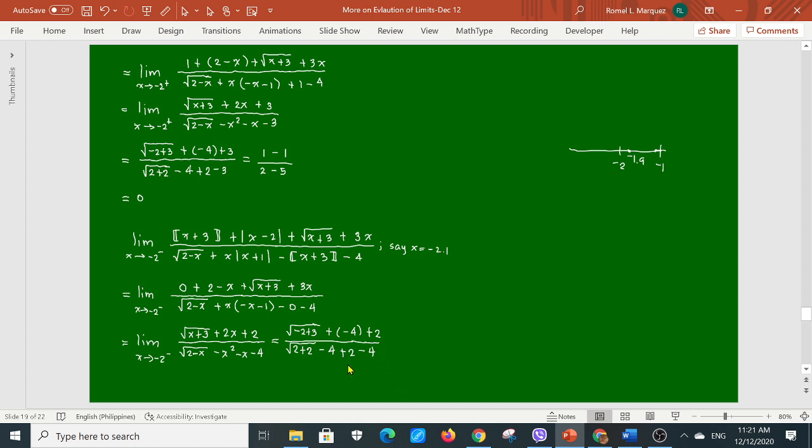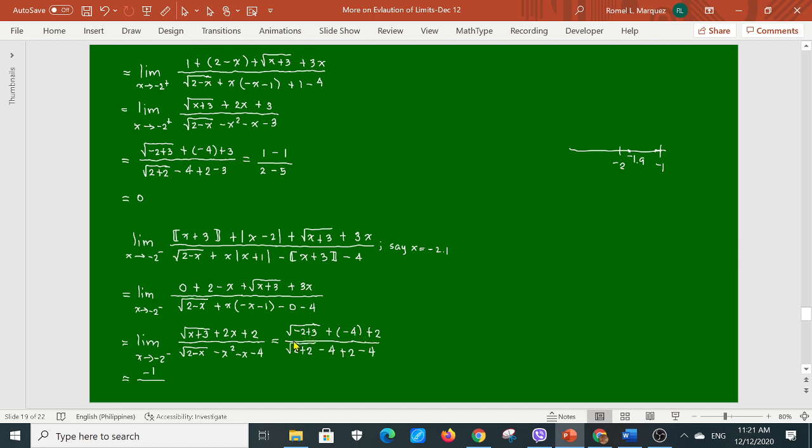So this is equal to, what is now the answer in the numerator? 1 plus negative 2. Negative 1, right? Is it negative 1 in the numerator?